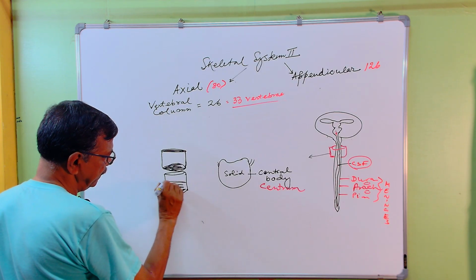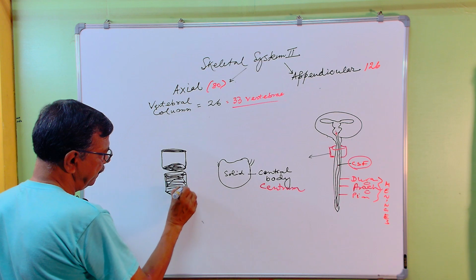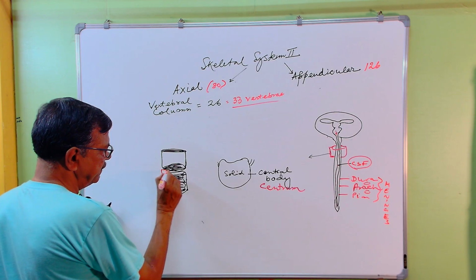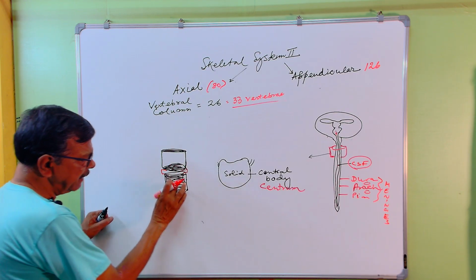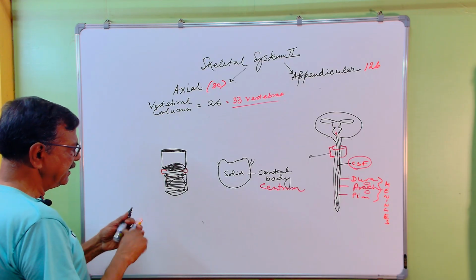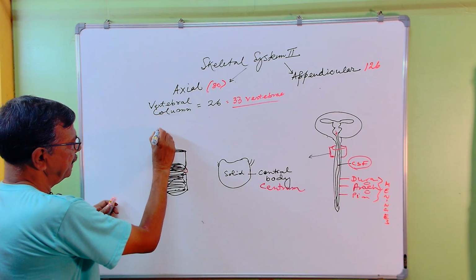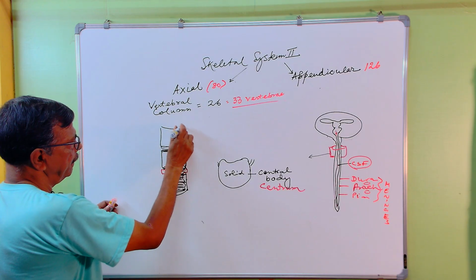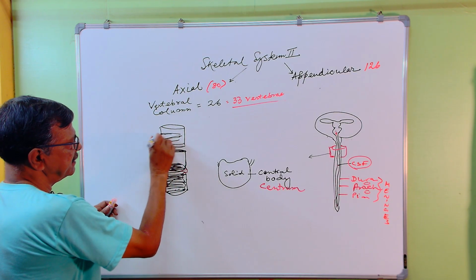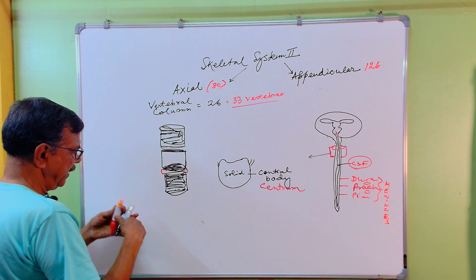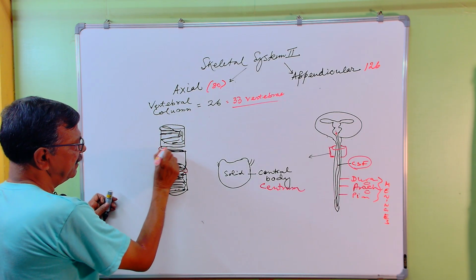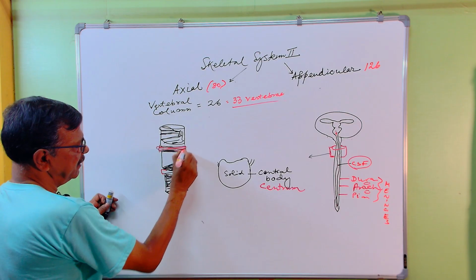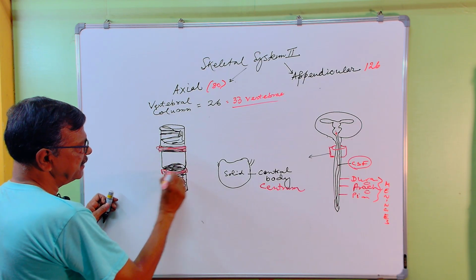This is the solid foundation. In between there are vertebral discs, slip discs. Then another vertebra is there above it. This is the solid mass. And in between there are intervertebral discs, which if tilted become slip discs.